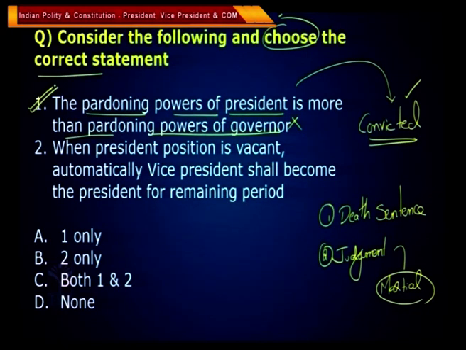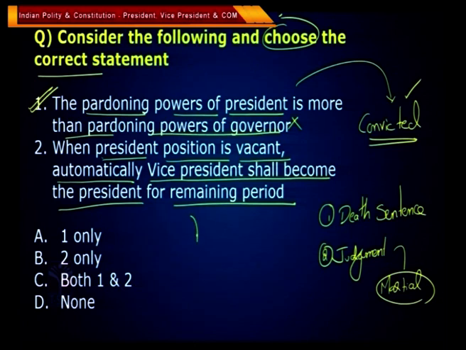Look at the second statement. When the President position is vacant, automatically the Vice President shall become the President for the remaining period. Now, if you look at this statement, you need to decode Article 65.